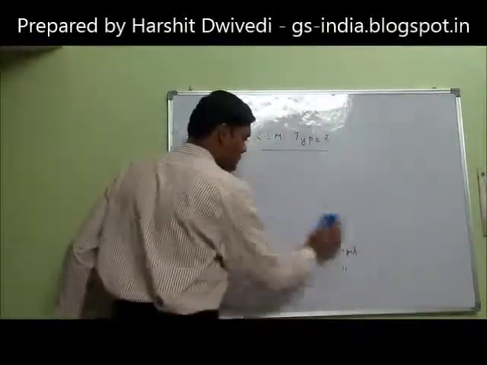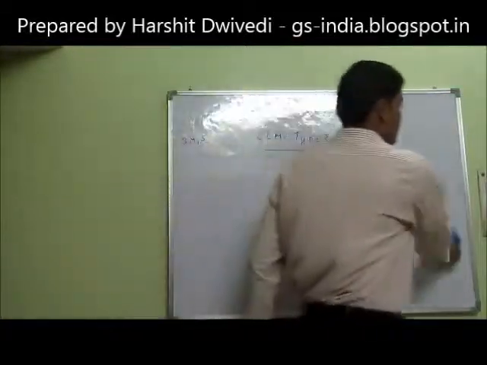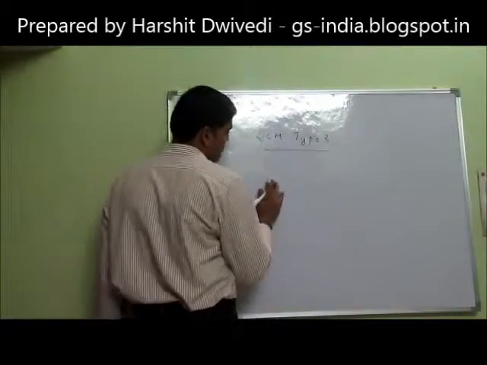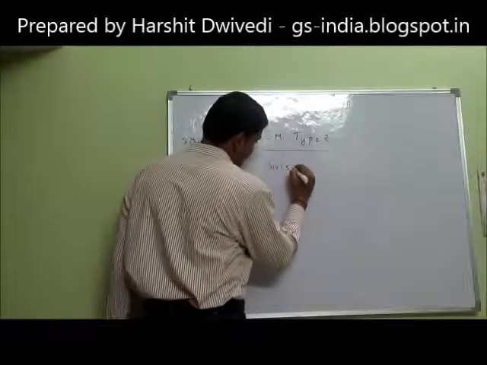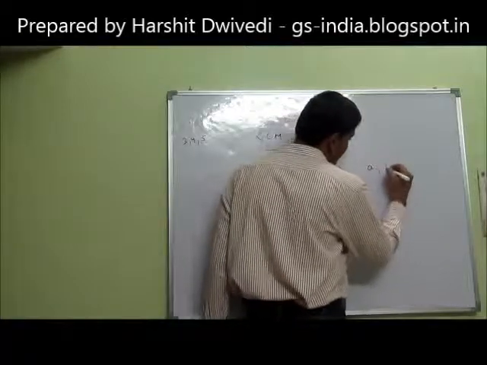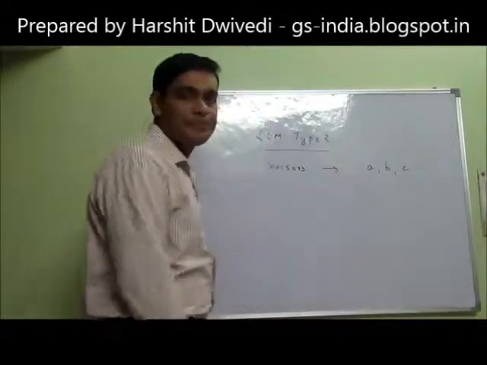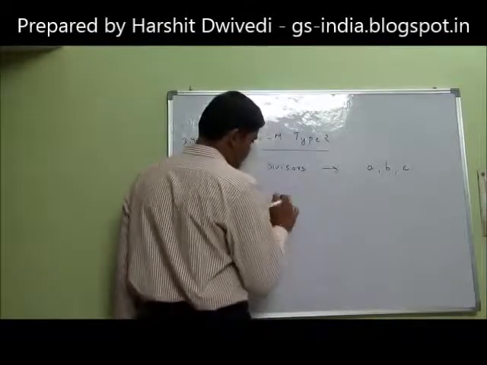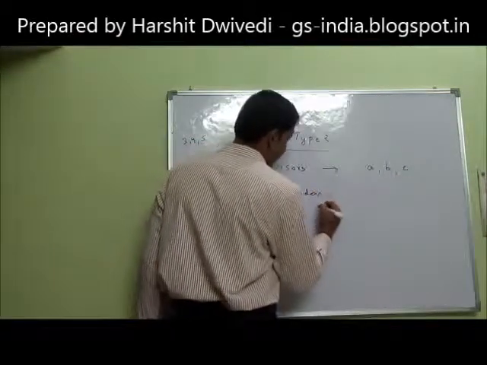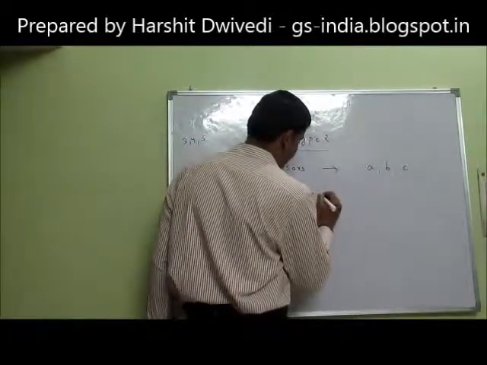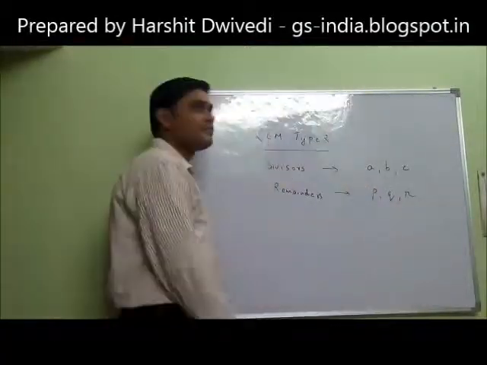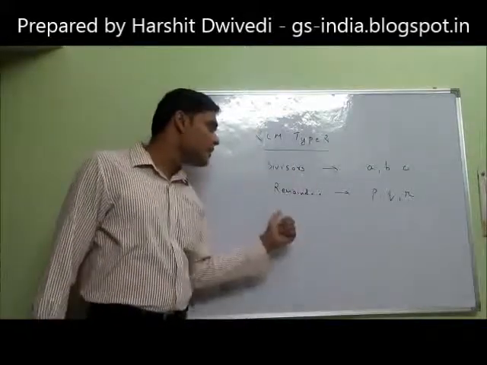Now suppose the divisors are something like this: A, B, C, and the remainders are something like this: P, Q, R. So the point here is that divisors are A, B, C, and remainders are P, Q, R.